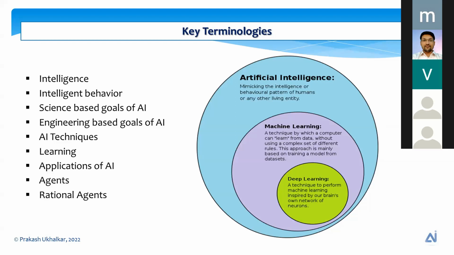An ideal rational agent is one which is capable of doing expected actions to maximize its performance, to improve its performance, and it depends on its built-in knowledge. I should have the knowledge that whenever I feel thirsty, I should drink water, not any fuel, not any other type of liquid. That is the built-in knowledge humans have.